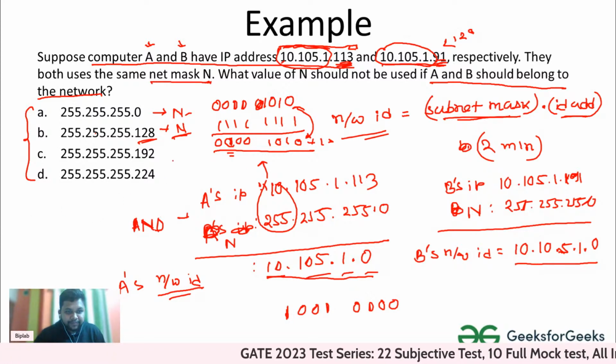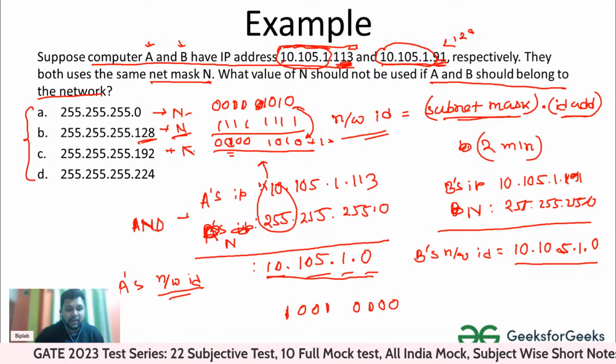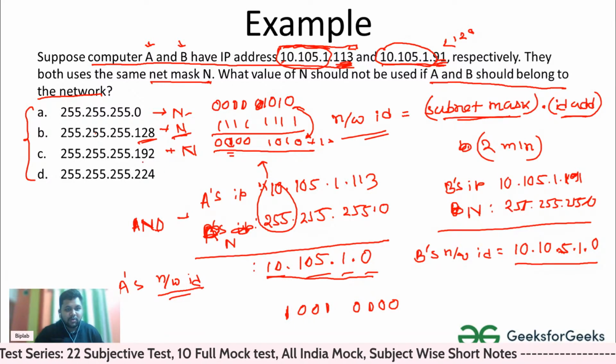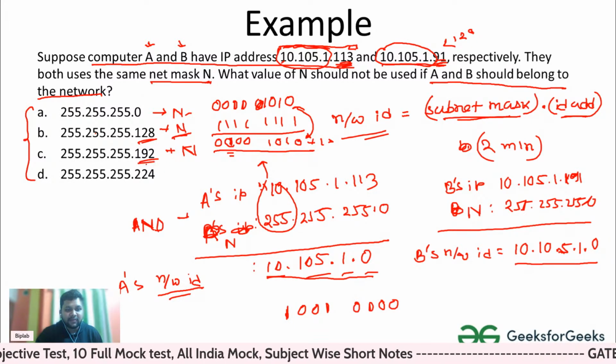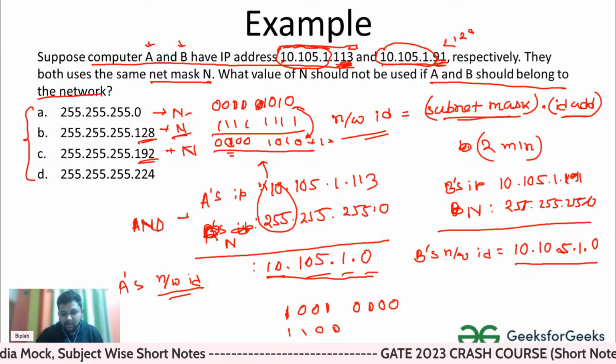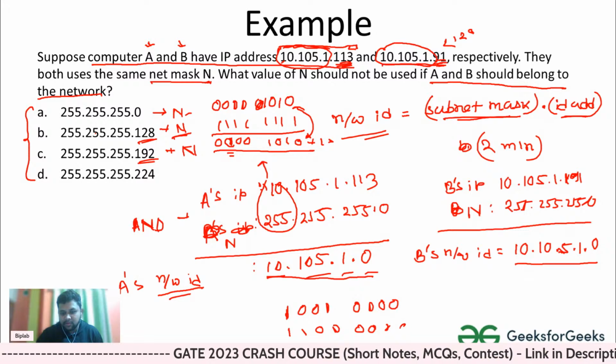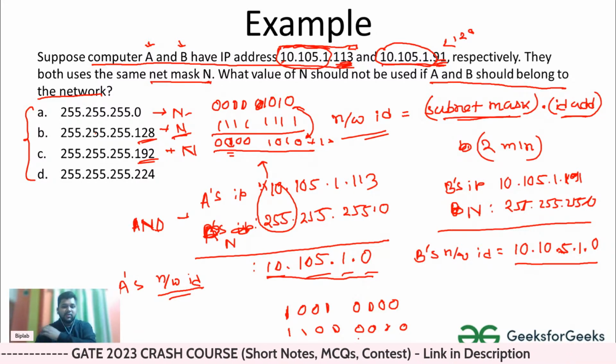Now here again, if you consider this as your subnet mask, the leftmost two bits are active, that is 1 1 0 0 0 0 0 0, this is your last octet.